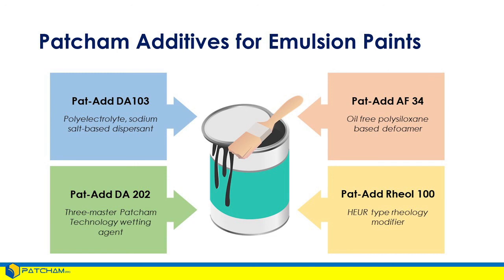But in your formulation, you're probably not going to want to reformulate everything. So my suggestion is always just to take your existing formulation, use however you have it formulated, and just substitute DA202 for the APE that you have in there. And then run your laboratory stability test.